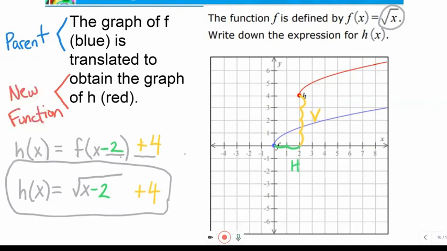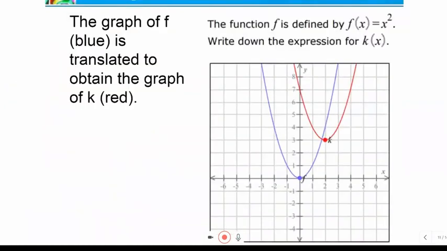So we'll try another one, similar, where we have the movement, and let's try to write the equation. So again, our parent function is in blue. That's x squared. And now we're going to move it to write k of x.